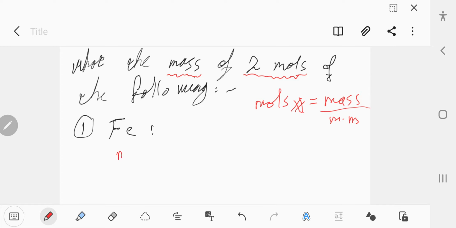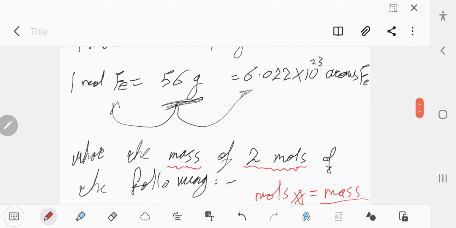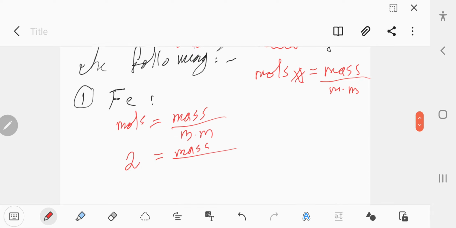So moles equals mass over molar mass. Number of moles is 2 from the question, equals mass unknown over molar mass, which we figured here from the periodic table is 56.